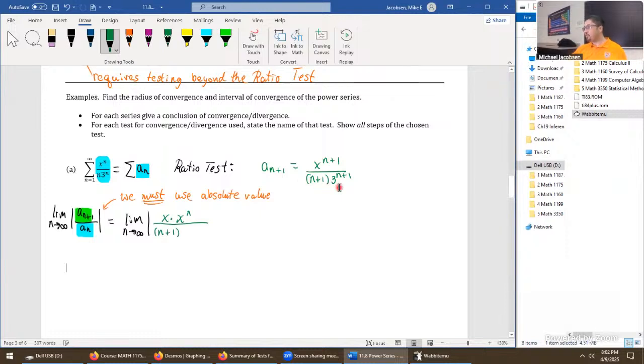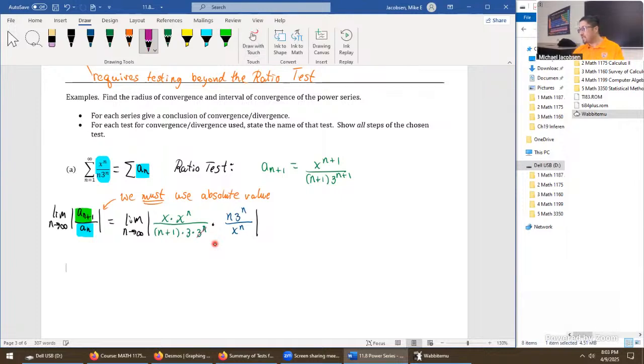But let's also factor 3^(n+1) in the same way. This is 3 times 3^n. Multiply now by the reciprocal of a_n, since we're dividing by it, to get n times 3^n over x^n. Now the ratio test is pretty much running right at that step.